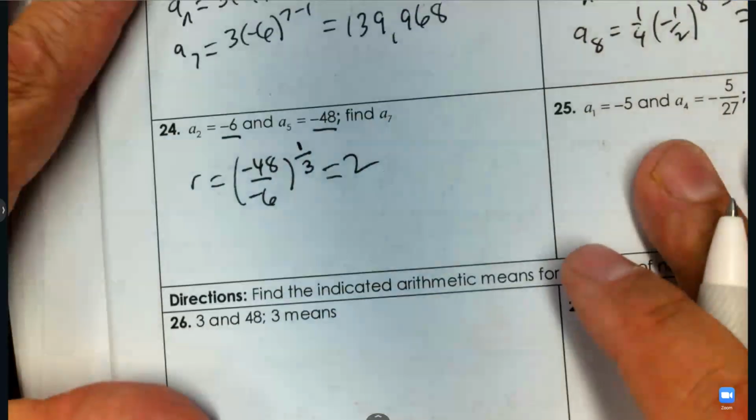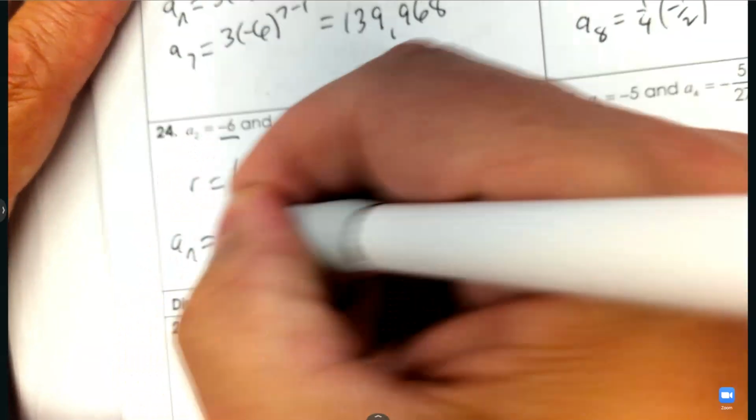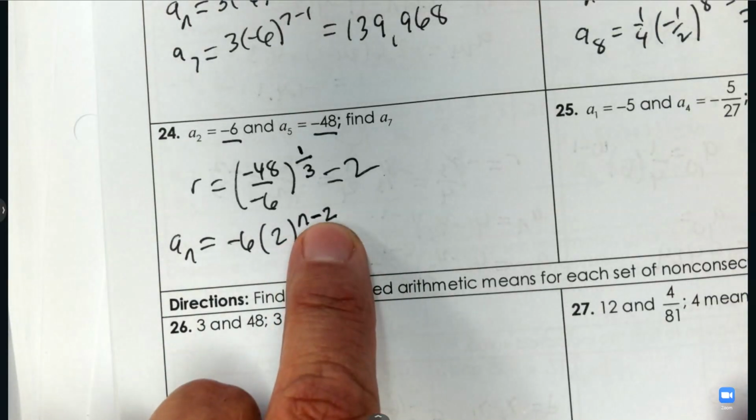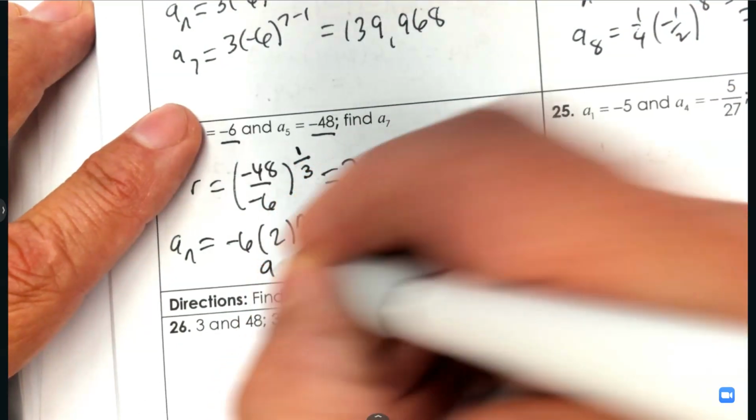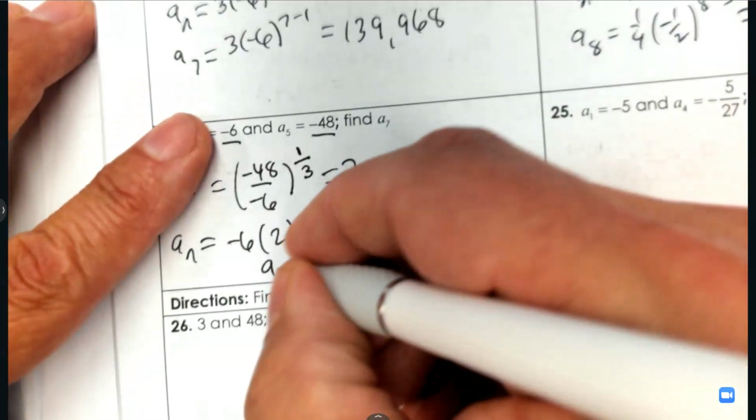We're not done yet. So now we need a formula. So we're going to start with A2, because that's what we have. So we're going to be -6. The base is 2, and then the exponent isn't going to be n minus 1. I know it's a little blurry. But because it's the second term that we're using, it's going to be n minus 2. And then we plug in the term number we're looking for, which is 7.